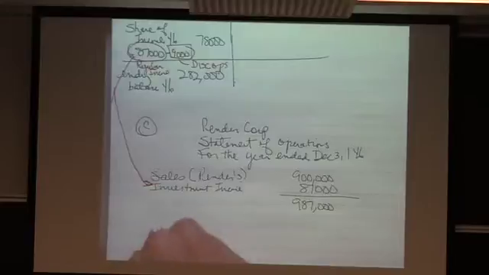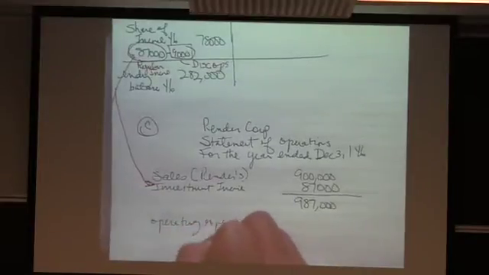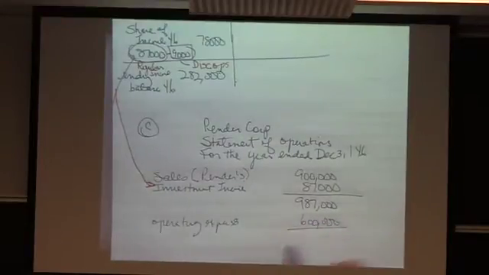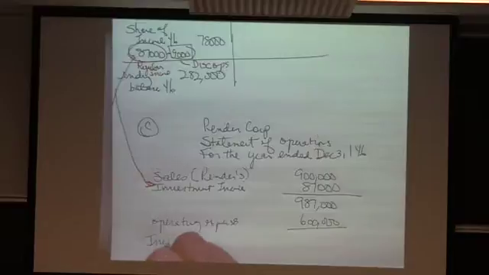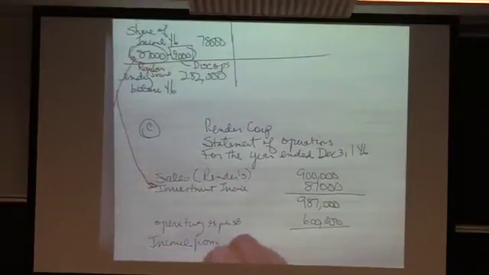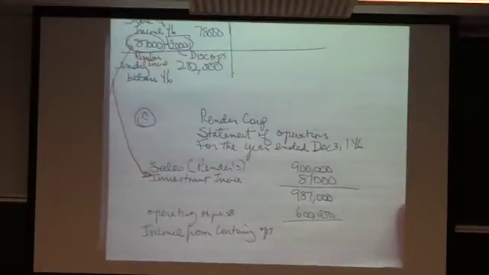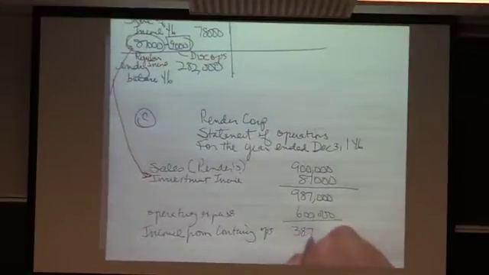We're going to subtract operating expenses, 600,000, leaving us income from continuing operations, and that would be 387.